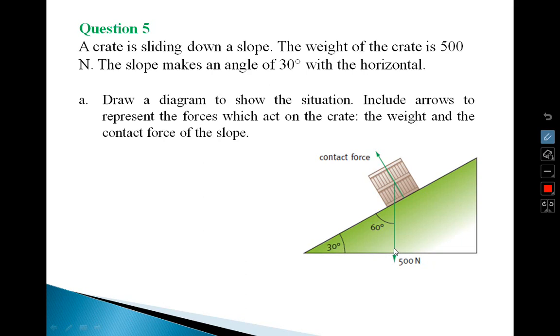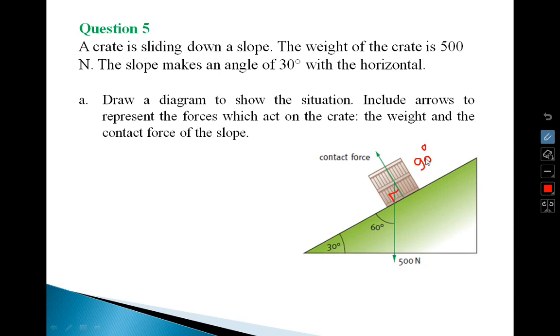The first section of this question: draw a diagram to show the situation. This is the diagram. This is the box with the contact force acting this way, with theta equal to 90 degrees, because the contact force is perpendicular to the slope.